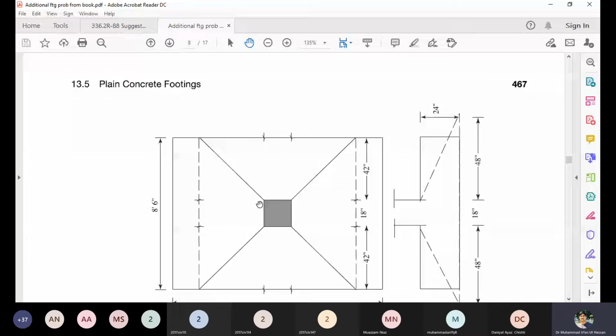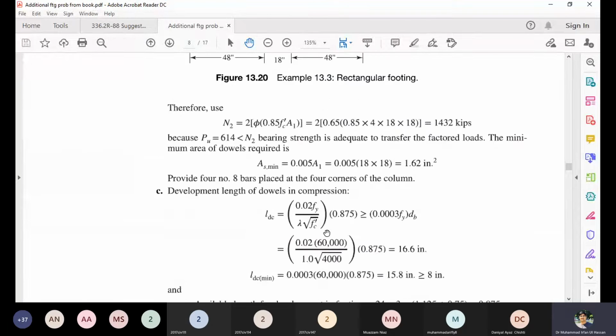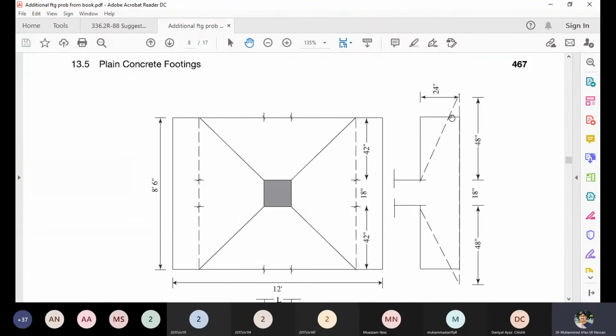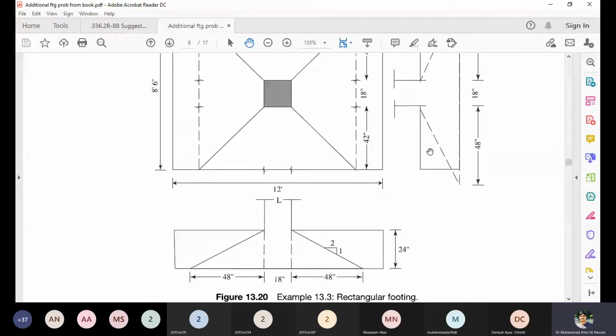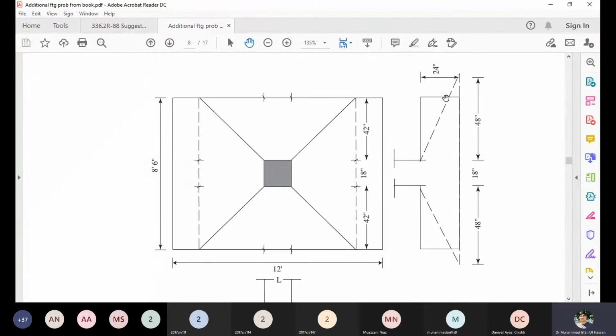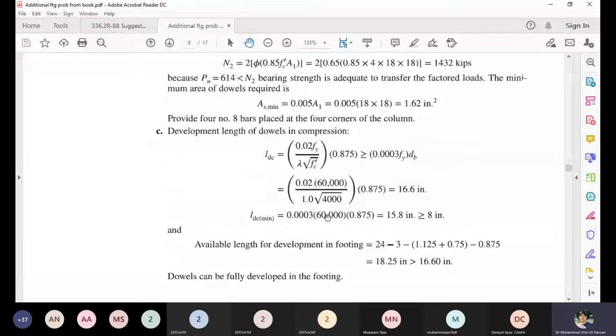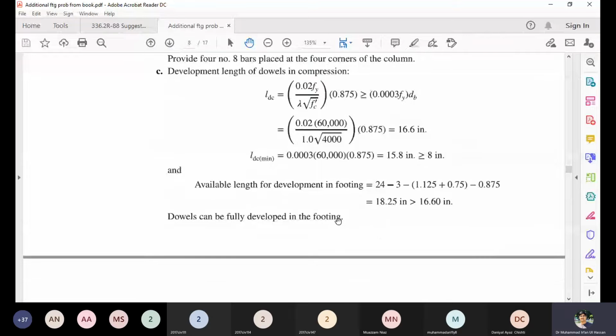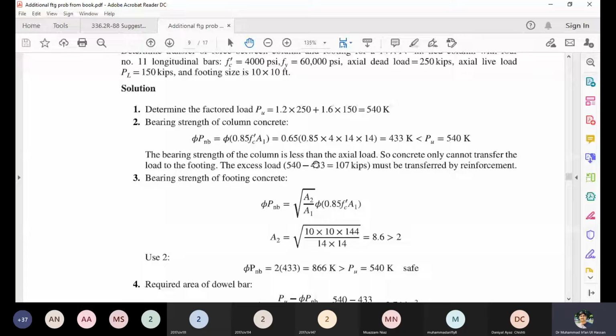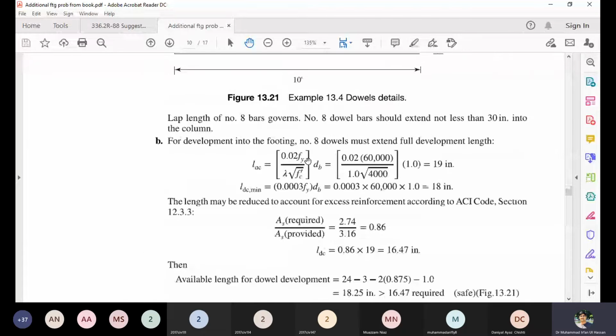This was also explained in the class, and here it is solved completely: when the area goes out, you cannot consider the outer part, so A2 will be reduced because you can only consider A2 till the available width of the footing. And then the development length is also computed, and the dowel bar requirements.